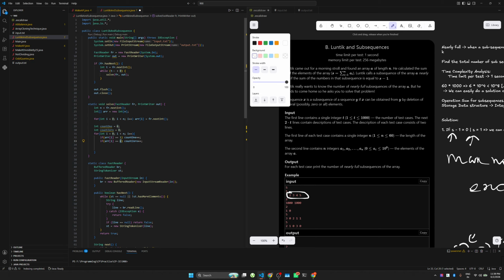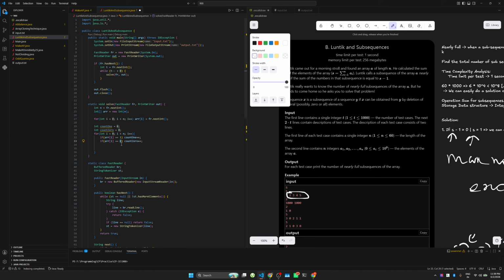We can either include it or exclude it. So for two zeros, how many choices will we have? Which is 2 into 2, 4. So for n zeros, how many choices will we have? 2 to the power n, correct? So for n zeros, we will have 2 to the power n choices.